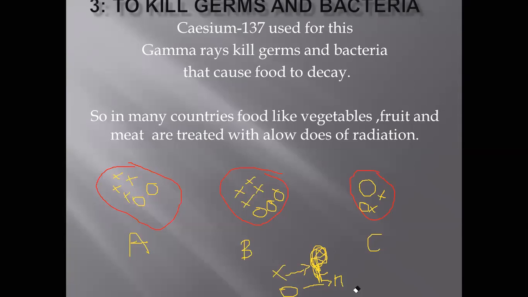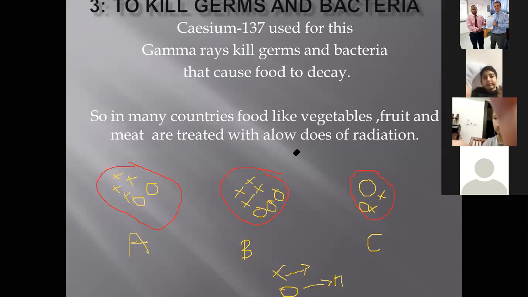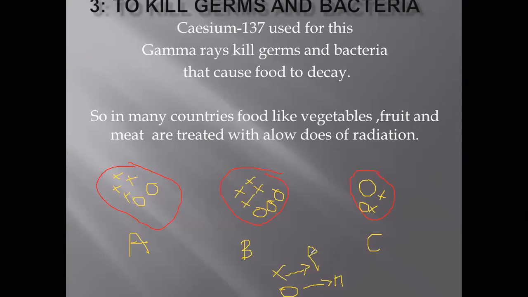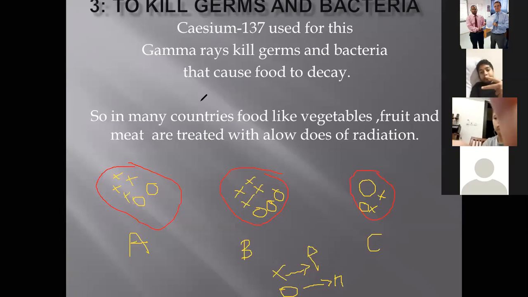Because they have the same number of protons and different number of neutrons. Yes, exactly, Karim. Again, tell me your answer. A and B, because they have the same number of protons and different number of neutrons.